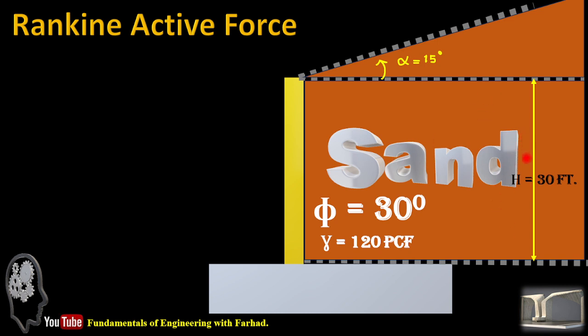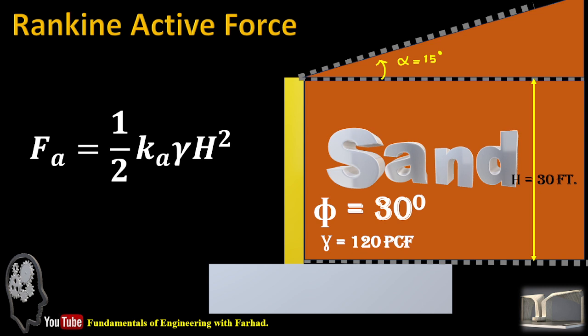The height of our wall is 30 feet. The soil is a sandy soil with an angle of friction of 30 degrees and a unit weight of 120 pounds per cubic foot. And we want to calculate the active force which applies to this retaining wall due to the backfill soil.